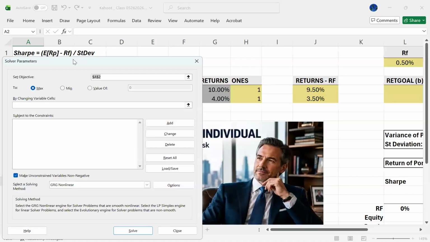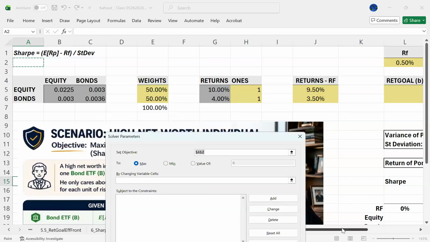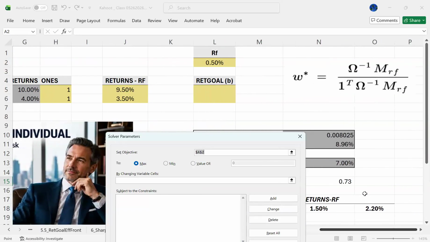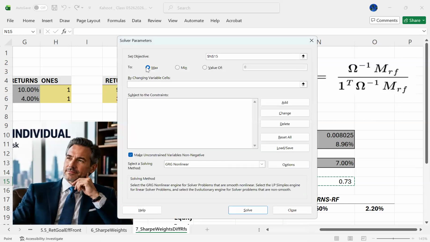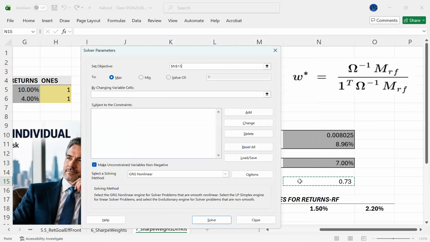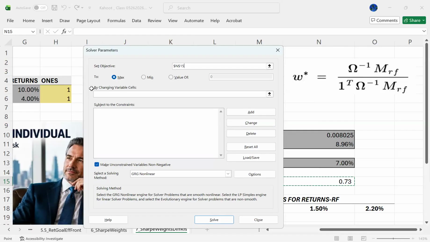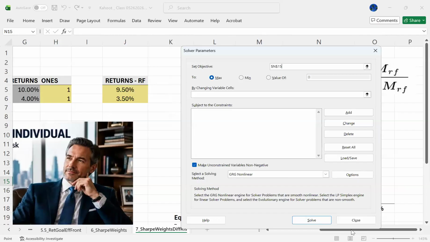And now let's find the solution that we get from Solver, and then we can use the matrix operation. Our objective function in this case is the Sharpe ratio, and we want to maximize it. We're asking Excel, please evaluate this formula a very large number of times, but every single time you're going to change the weights and explore different weight combinations.